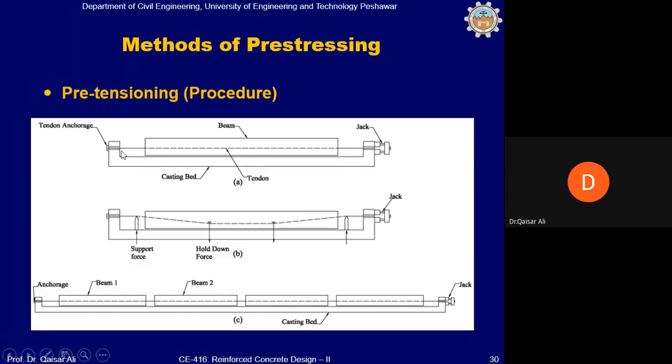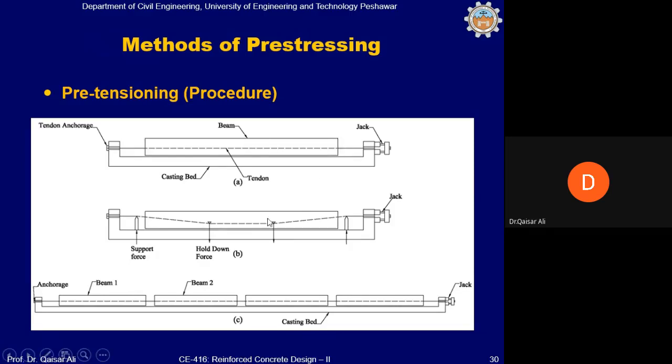The wire has been anchored on one side and passed through the formwork, and then with the help of a jack, this wire is stretched and kept in the stretched position, and concrete is poured inside the formwork. When concrete achieves its full strength, the wire is cut from both sides, and through bond between concrete and steel it will transfer the pre-compression force to the member. Okay, this is the case of a concentric pre-stressing.